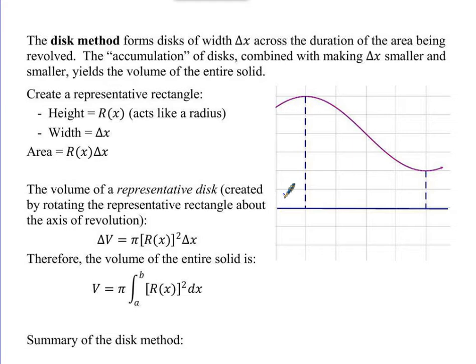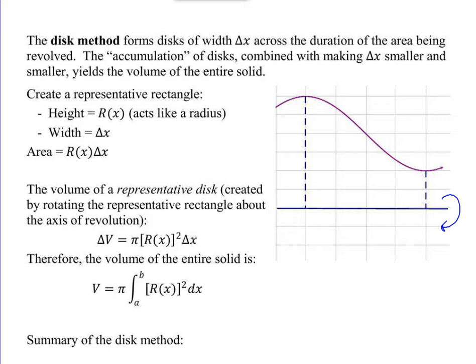No. I have to cut it this way, right? Perpendicular to the axis of revolution, okay? So in this problem, we are going to revolve about this line right here. So what I'm going to do is draw a little arrow showing that I'm revolving about that line.